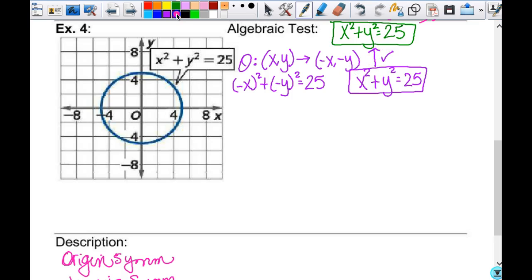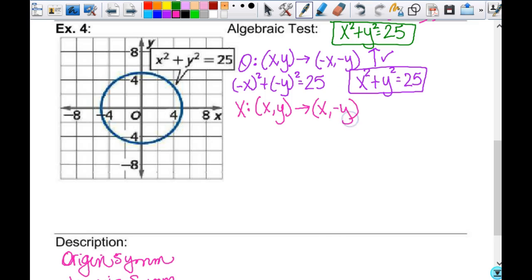And again, you can probably already realize that once we do the other two, obviously they're going to work. But we still have to plug it in, because again, it's an algebra test. It's not just a visual thing. So then we'll do the x-axis. For every xy, that maps to what? x, negative y.